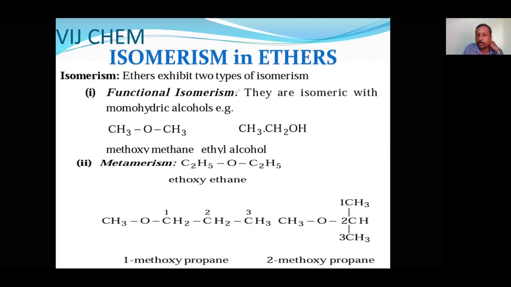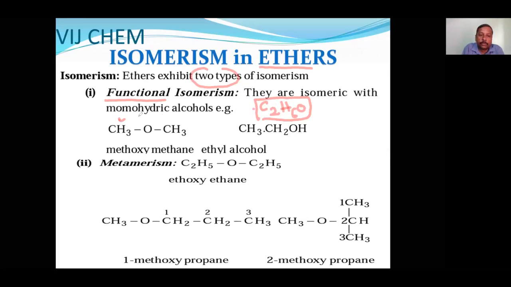Now let us do the isomerism. Ether shows 2 types of isomerism. How many types? 2 types. Functional isomerism. Functional means the functional group must be different. So suppose we write C2H6O.